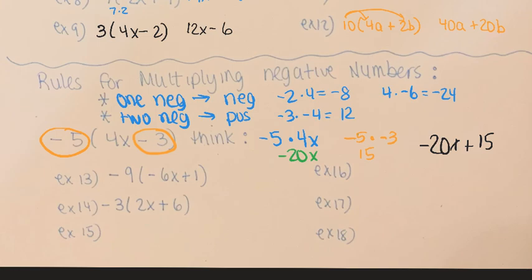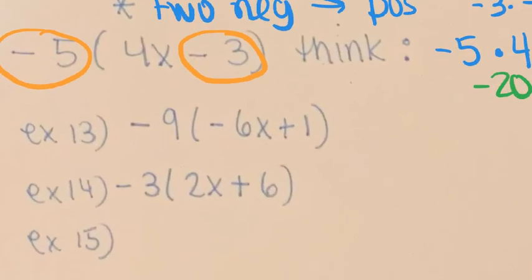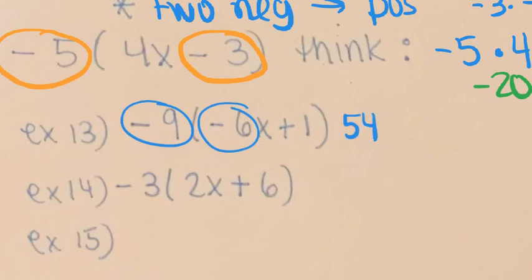Okay, let's look at example 13. I've got a negative 9 times a negative 6. Two negatives make a positive, so I write positive 54. Then I put the x after it because it's just there. It's smushed and it doesn't go anywhere.